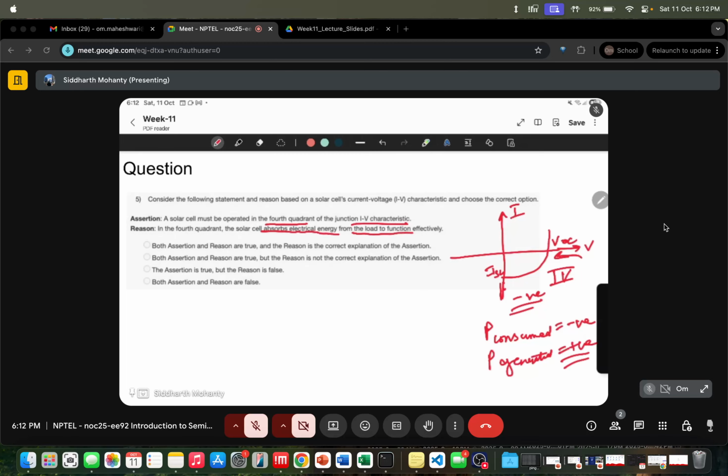So to generate power, it needs to operate in this quadrant. So the assertion is true. The reason, that the solar cell absorbs electricity from the load, is false. A solar cell does not absorb any energy from the load. It gives energy to the load. It generates energy for the load. So the assertion is true, but the reason is false.